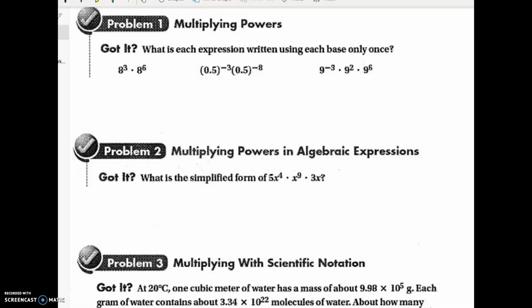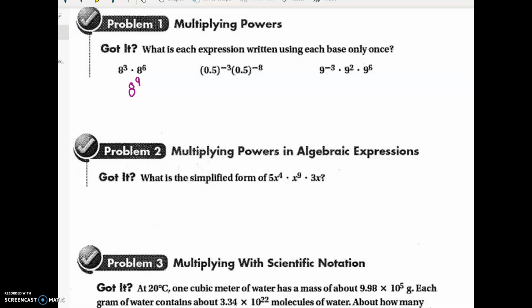Okay, so we know they have the same base, so we can add the exponents together. We would end up here with 8 to the 9th power, and we would just leave our answer. We have positive exponents, and an exponent that's bigger than 5, so we're good there.